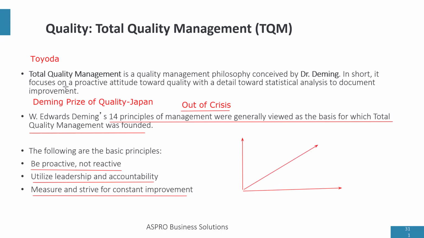For quality to improve over time, we have the Deming cycle, and it's a cycle that is divided into 4 quadrants.